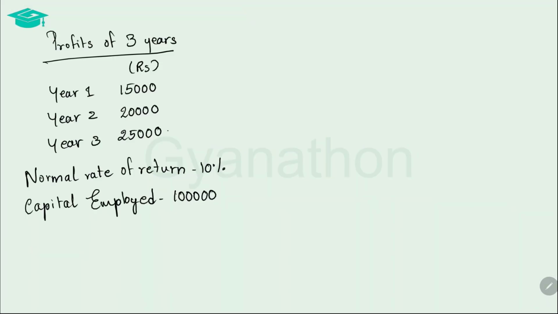Let's take an example here. The profits for the past 3 years are 15,000, 20,000 and 25,000 and the normal rate of return is 10%, whereas the capital employed is 1 lakh. Now, first the normal profits on the capital employed works out as 1 lakh into 10%, that is 10,000. That is the normal profit.